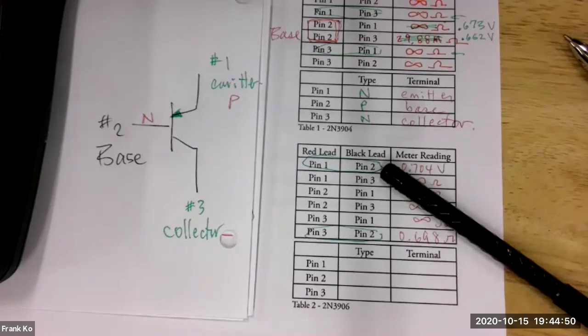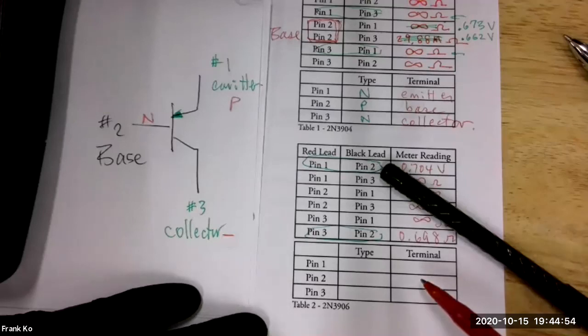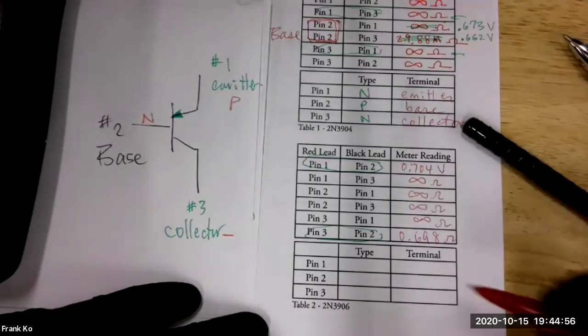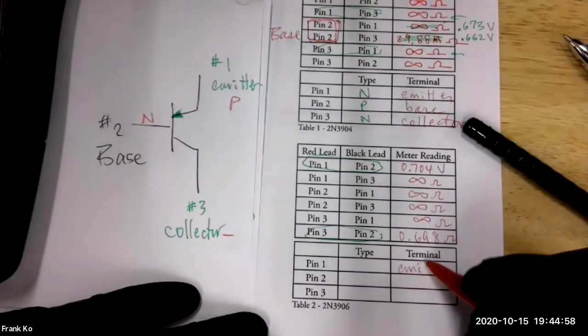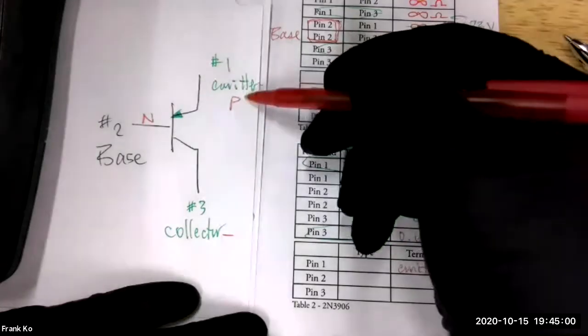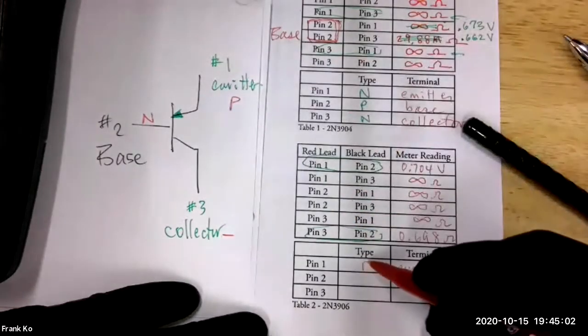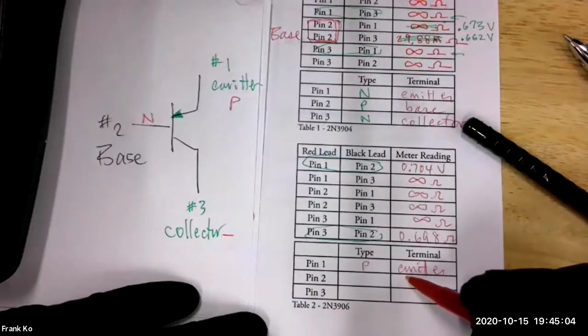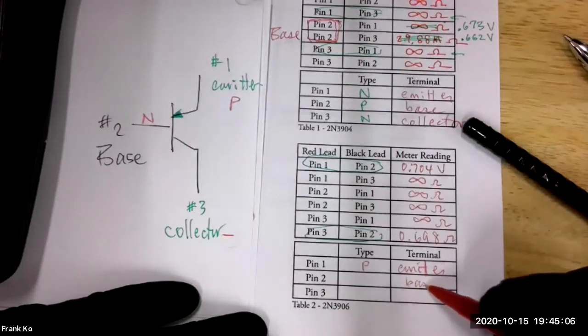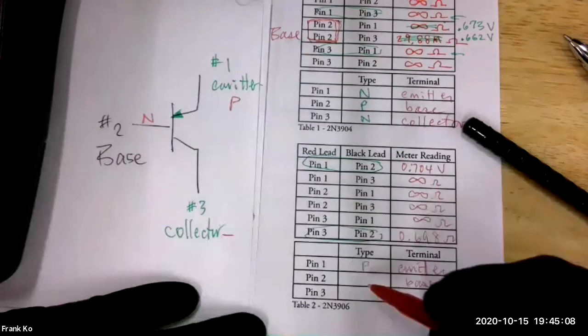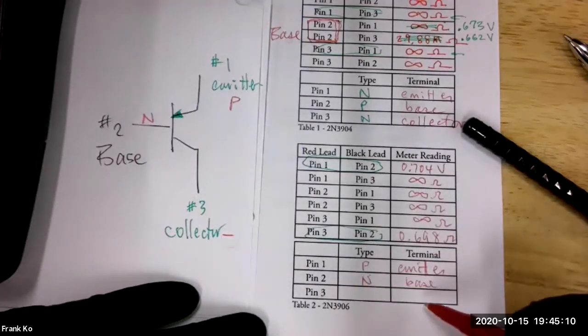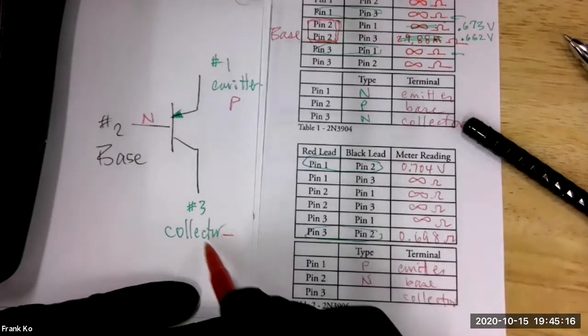Okay, this is our starting point. All right, so can we fill in the bottom of this? So pin 1 we decided would be emitter. And what type of material on the emitter? P-type. Okay. Pin 2 was base. And what type of material on the base? N-type material. And pin 3 is what terminal? Collector. And what type of material on the collector?